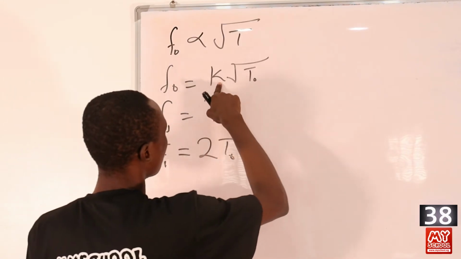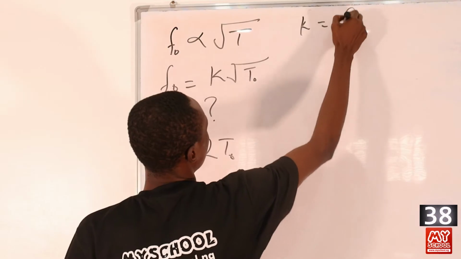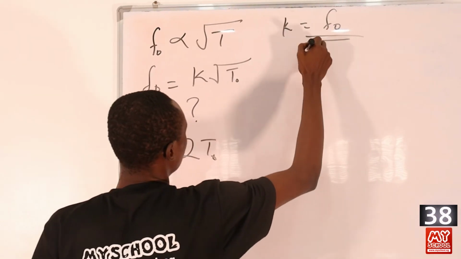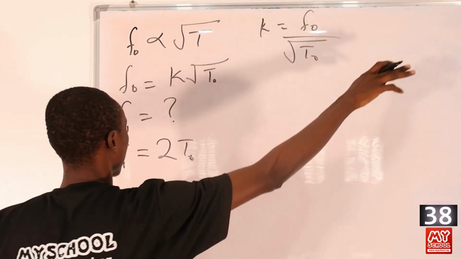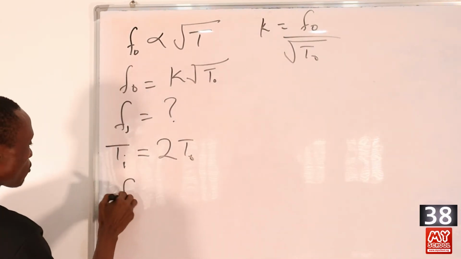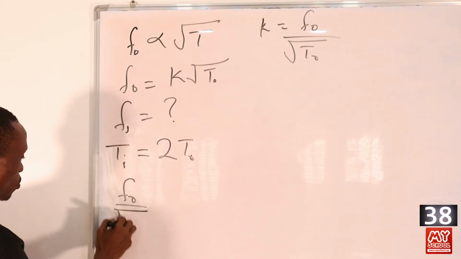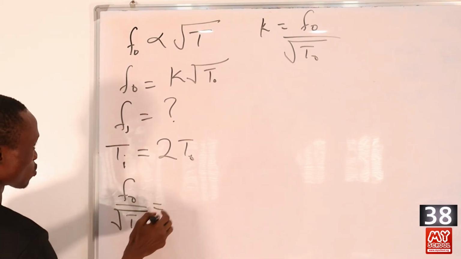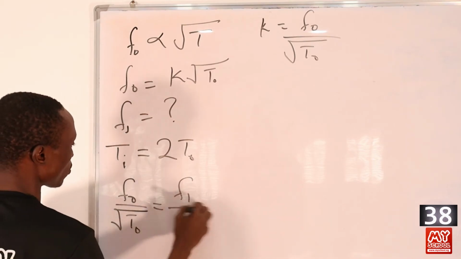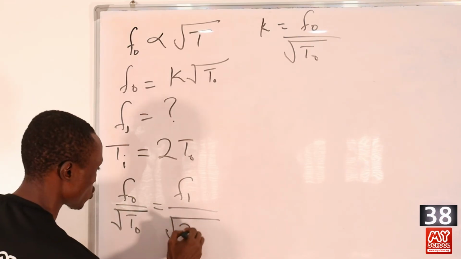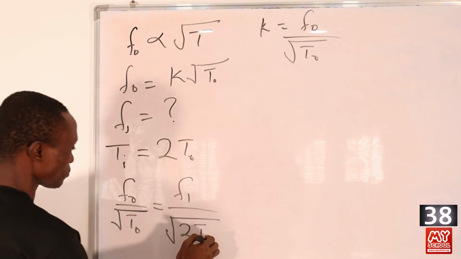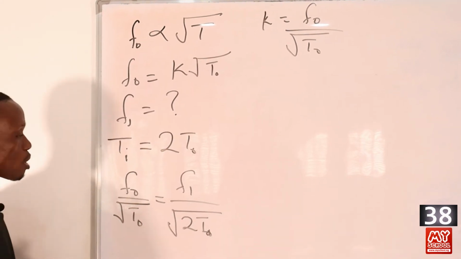Now if we make K the subject of formula, we'll be having F0 over root T0, and this will also be equal to the second one, so that F0 over root T0 is equal to F1 all over root 2T0.